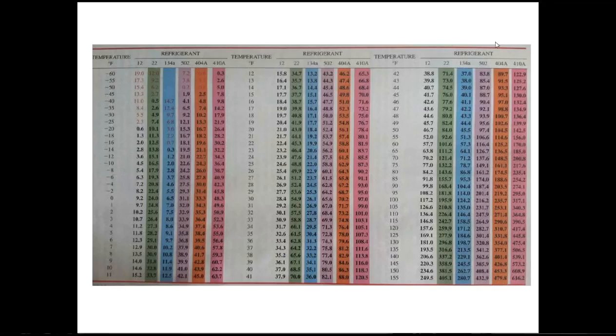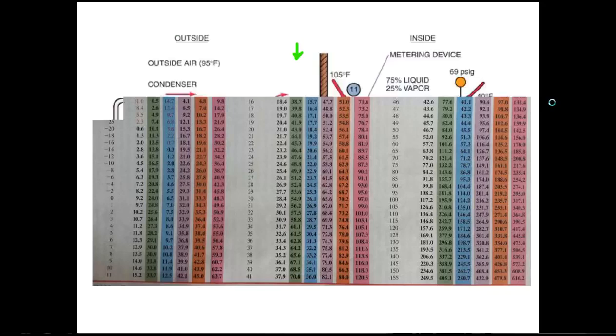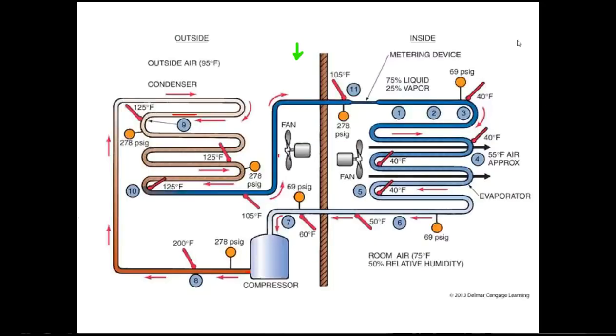Now remember, we talked about the PT chart. It only relates to our refrigerant when it's at the saturation point. So that's when we're at that saturation point right now at the coil. Now in this example, we're using R22 refrigerant, which happens to be this column right here. And if we go back, we're at 69 PSIG. So let's take a look.